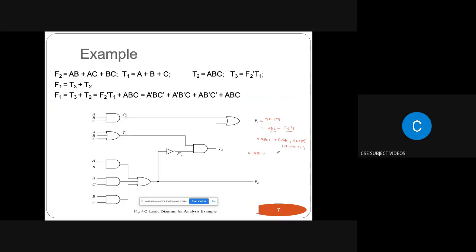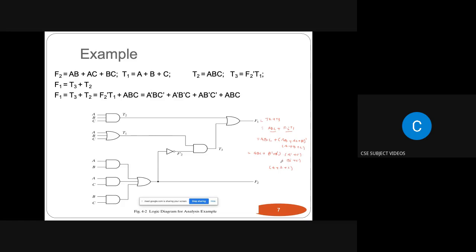So after applying, we'll be getting A dash plus B dash dot A dash plus C dash dot B dash plus C dash into A plus B plus C.